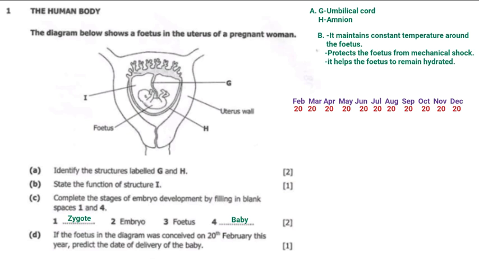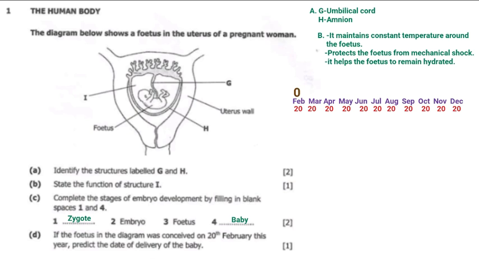Now we are asked to predict the date the child will be delivered. So what we're going to do is count the months. February, that is 0 month.